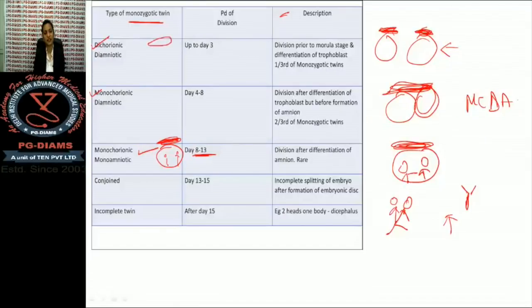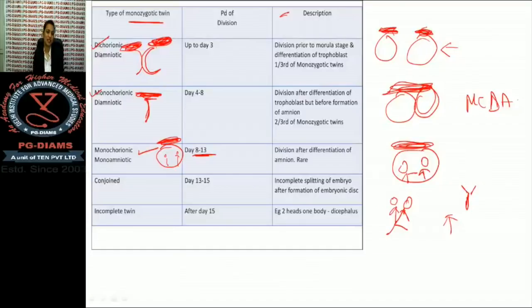In both the pregnancies, you have placenta. Here you have two placentas and two amniotic sacs. And in monochorionic, you have a single placenta and two amniotic sacs. So to differentiate between these two is difficult because both of them have an intervening membrane.